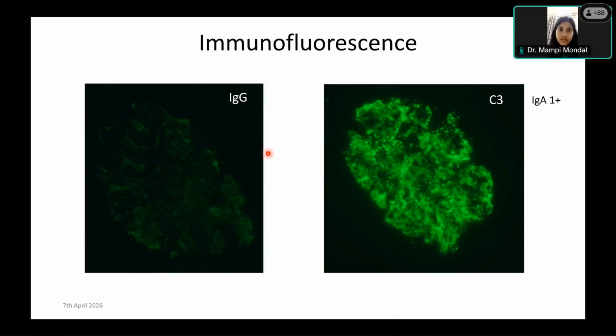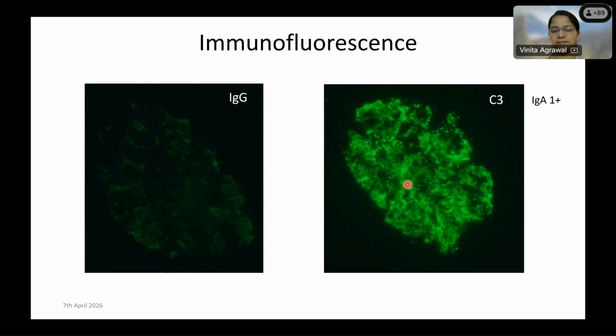It is IgG negative and IgA 1+. C3 granular positive. How will you describe the C3? Granular, mesangial and capillary wall deposits. So what is your diagnosis now? MPGN pattern of injury with C3 dominant deposits.